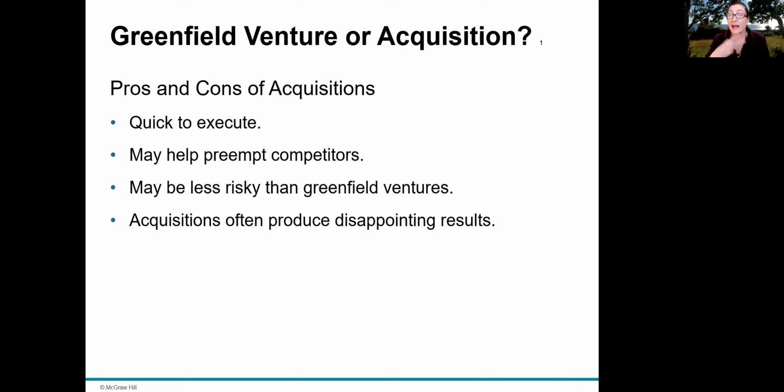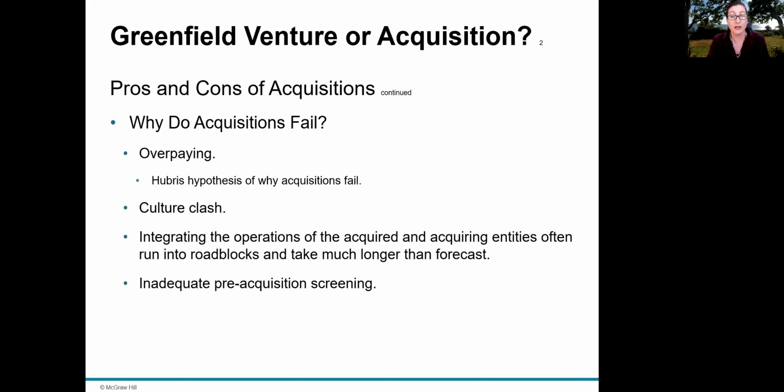And so acquisitions actually might be less risky than a greenfield venture when you're starting from scratch, basically. But unfortunately, acquisitions often produce disappointing results. And why is that? Well, maybe you're paying too much, so there might be an overestimation as to what the organization that you're acquiring is worth or potentially worth.